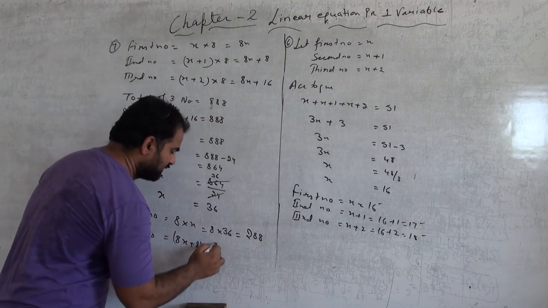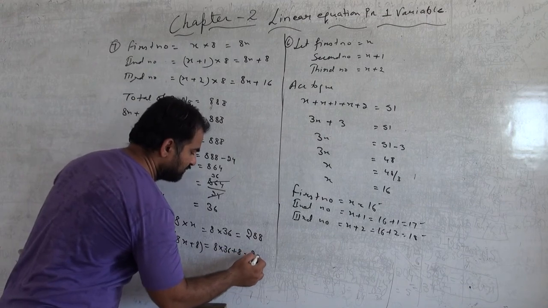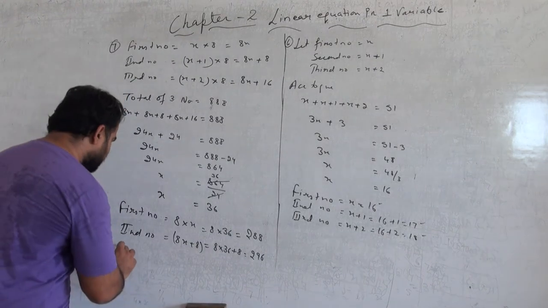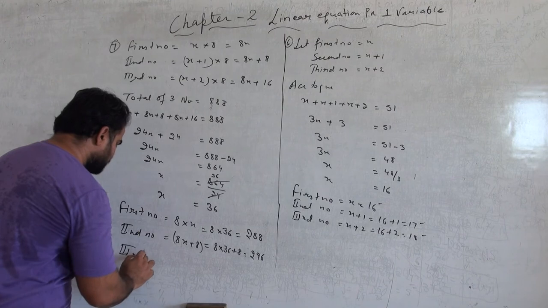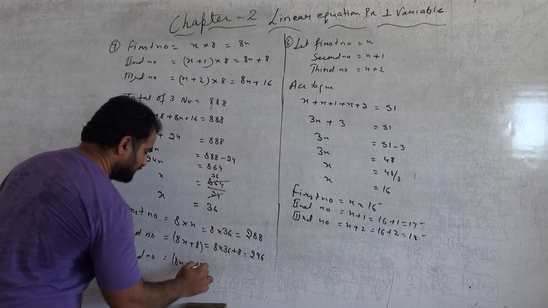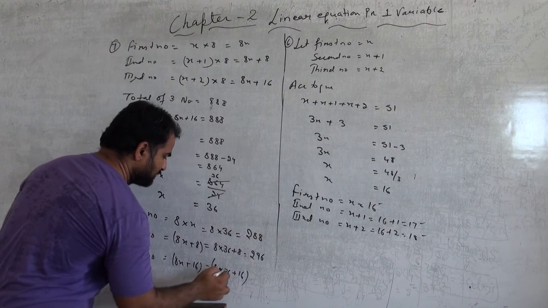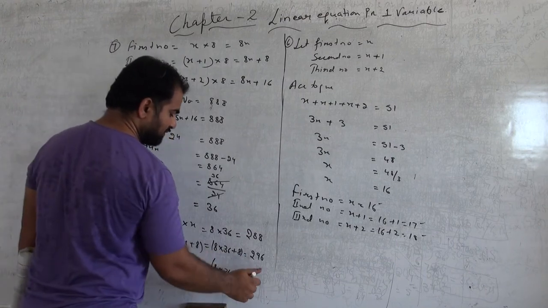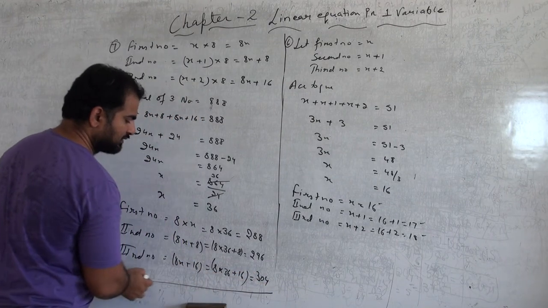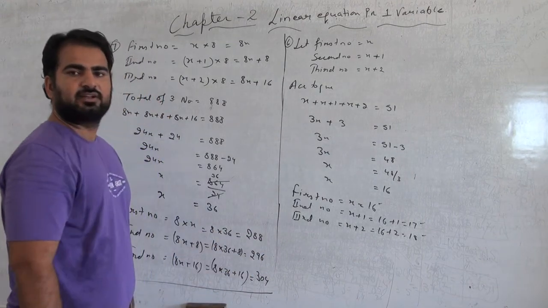So it will be 8 multiplied by 36 plus 8 equals 296. Okay, and the third number will be 8x plus 16, which equals 8 multiplied by 36 plus 16. Okay, so 8 into 7, what will be this? 304. This is our final answer. So the three numbers are 288, 296 and 304.